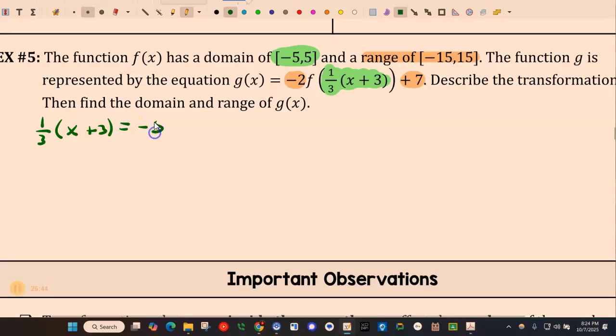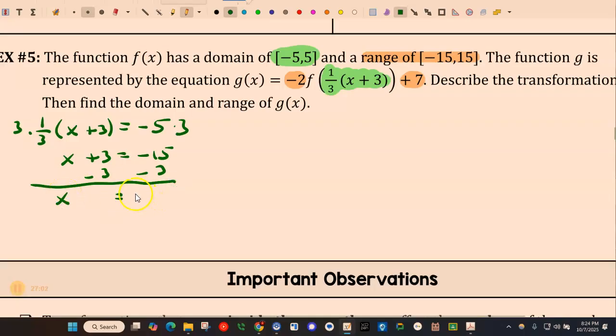And I'm just going to solve this, right, by multiplying both sides by 3. So I have x plus 3 now equals negative 15. And then I'm going to subtract 3 on both sides. So my new lower bound would be x equals negative 18. Then I can repeat this, of course, for the upper bound.